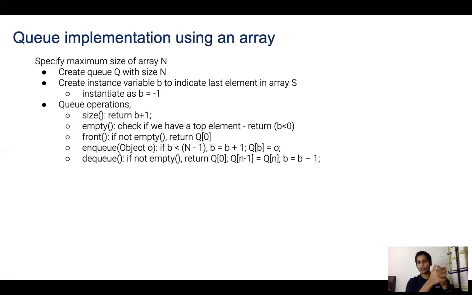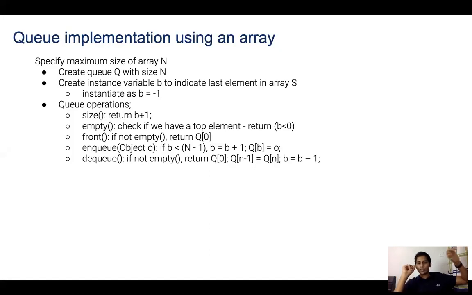Then we change the reference of back, because once we remove an element, we have to do b - 1. The first person is out of the queue, so our last element becomes the element before that.